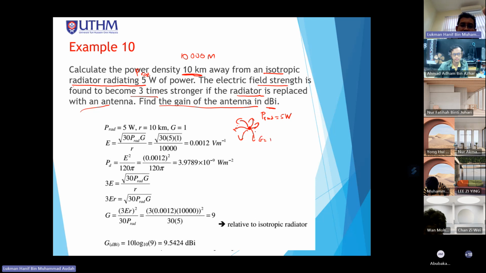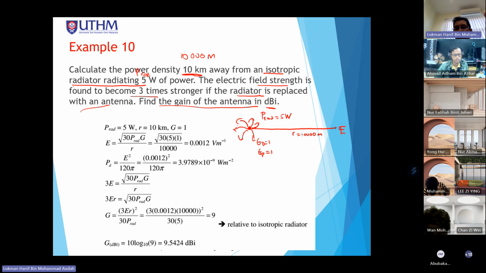We know that an isotropic antenna has a gain equal to 1, so both GP and GD equal 1. At distance R equal to 10,000 meter, this is the E field.